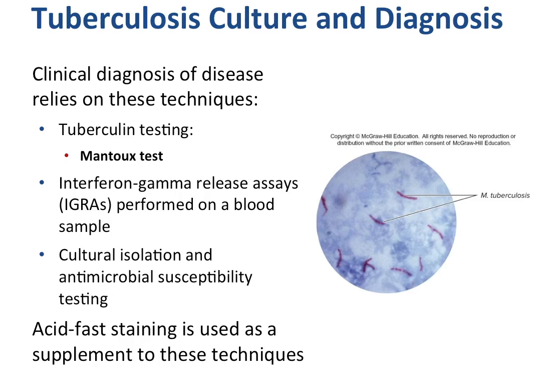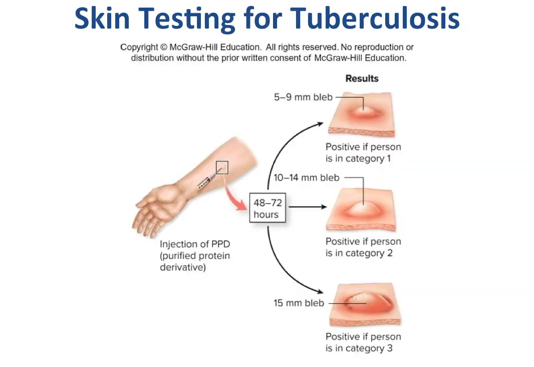However, if we have patient specimens, we can do acid fast staining on the sputum. However, sometimes we cannot get the result. So if the acid fast test is negative, we cannot exclude tuberculosis.